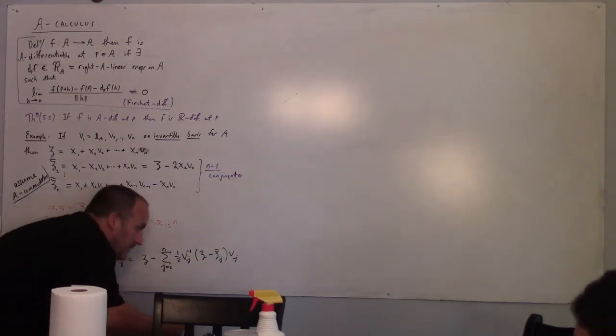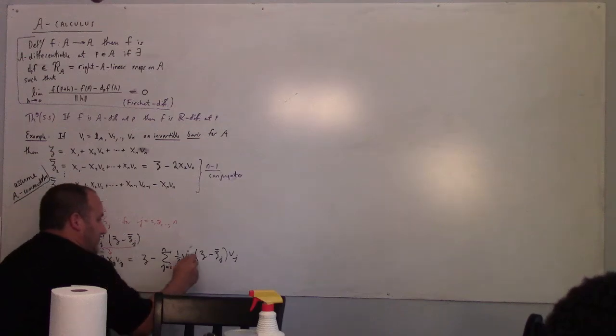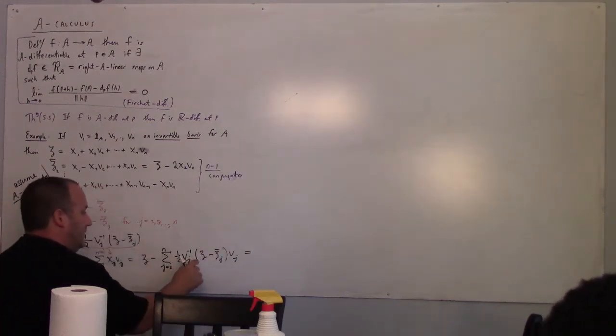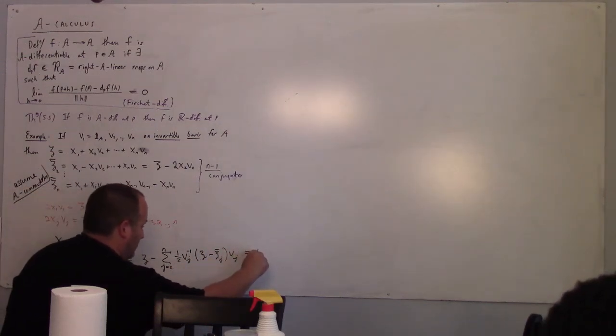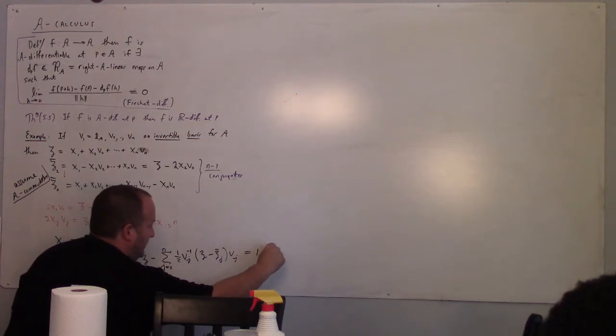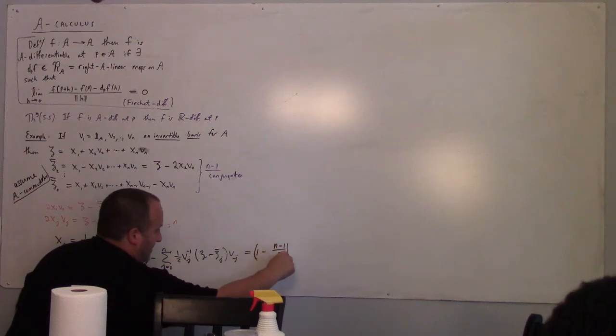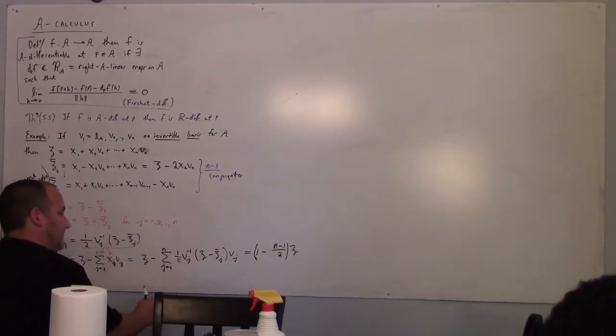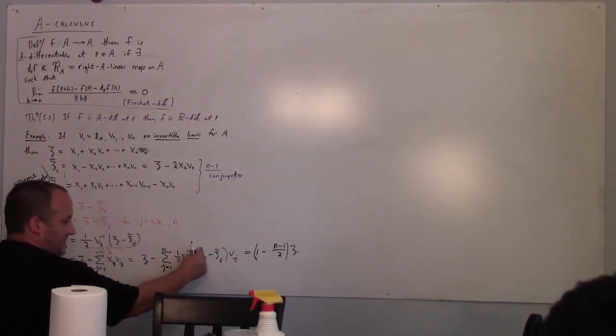Yeah. So what we've got here is 1 minus n minus 1 over 2 zeta. That's from this term and these guys.